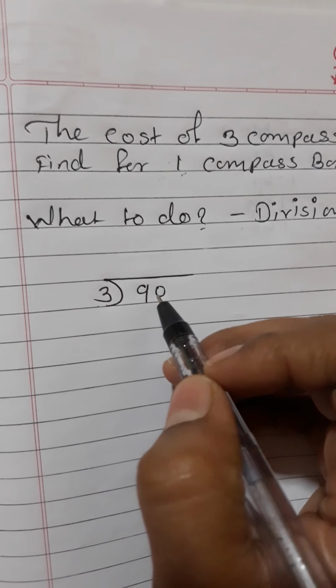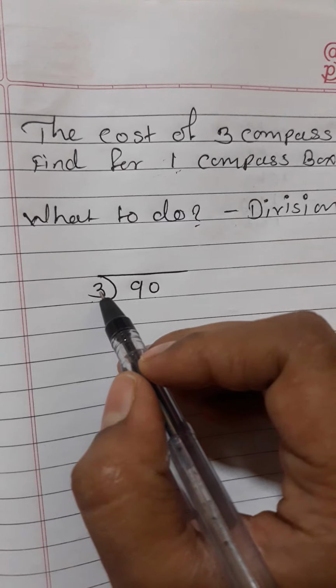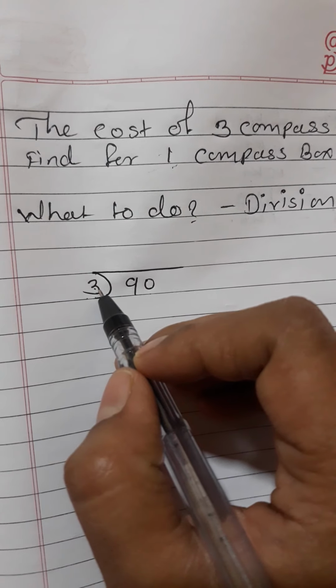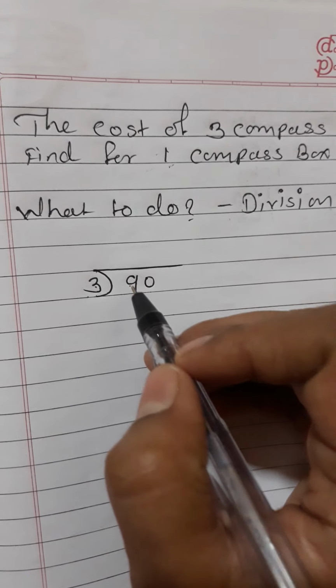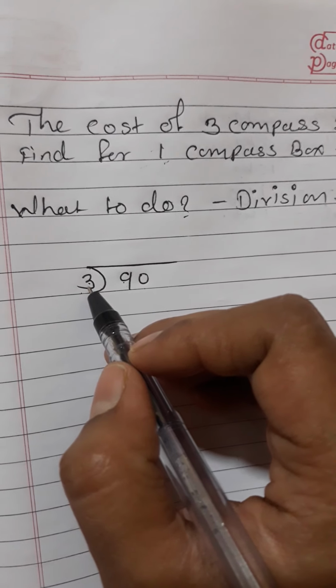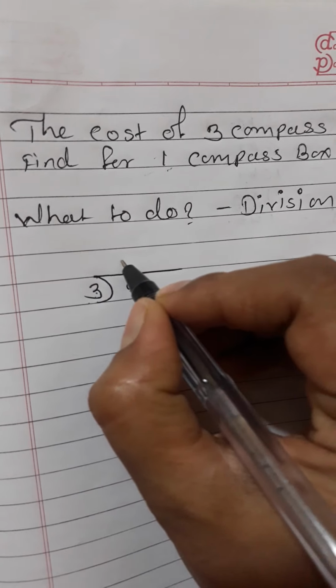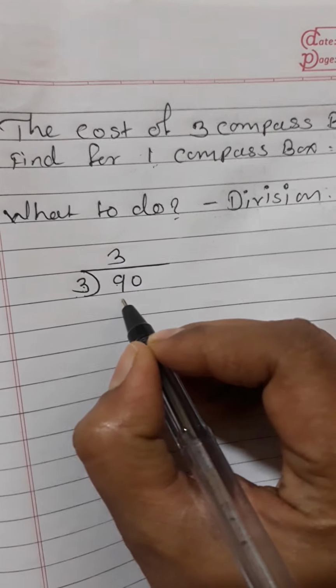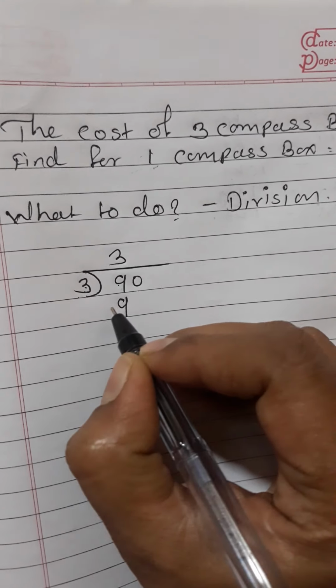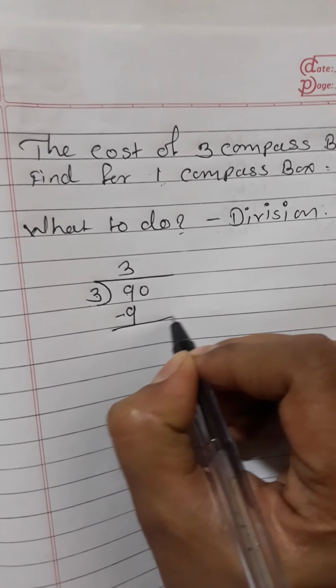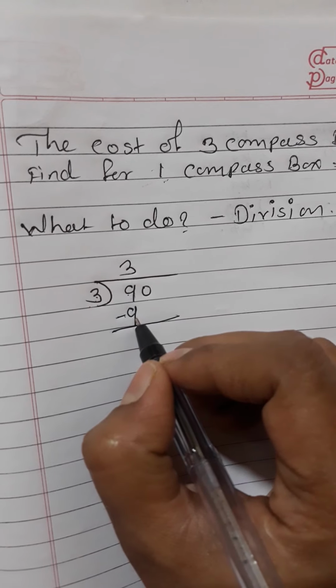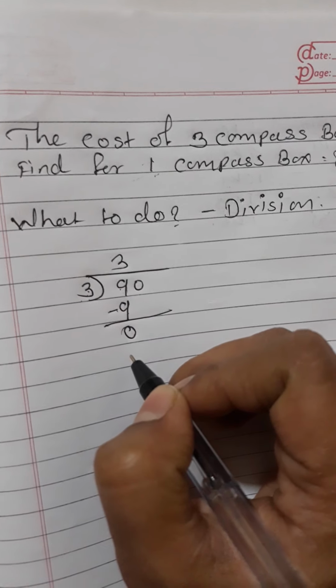So let's divide. 3 ones are 3, 3 twos are 6, 3 threes are 9. So 9 is there in the 3 table. 3 threes are 9, we will write 9 here and subtract it. 9 minus 9 is 0.